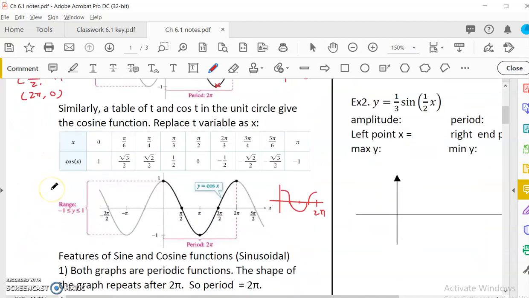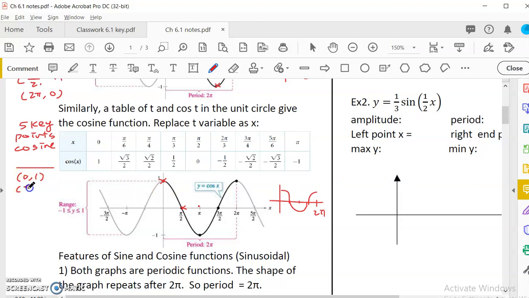And for cosine function, let's do the 5 key points. When we graph some other transformation of sine and cosine functions, we also need to list the 5 key points of cosine function. You can see that I divide 0 to 2 pi into the middle, which is pi, and then the middle of this is a quarter, right? So 0, 1, when the angle is 0, cosine is 1.